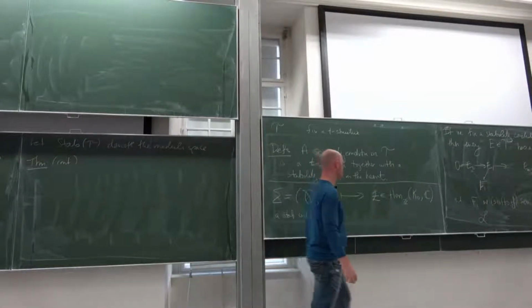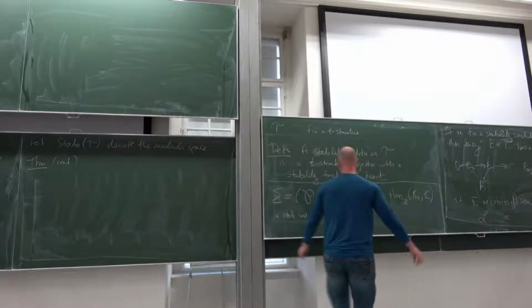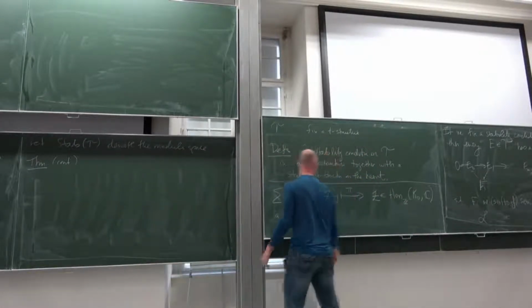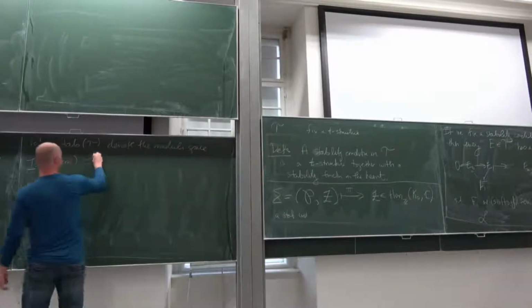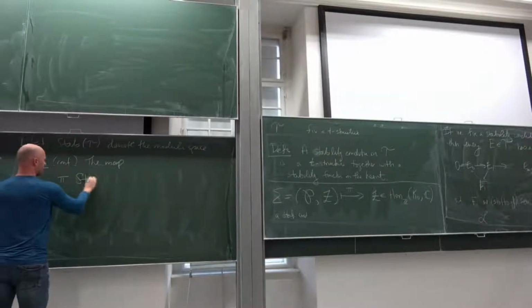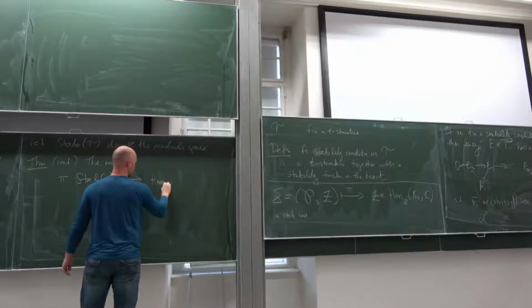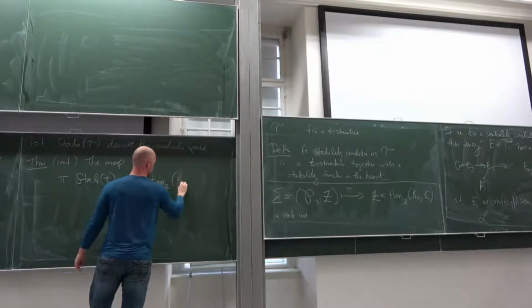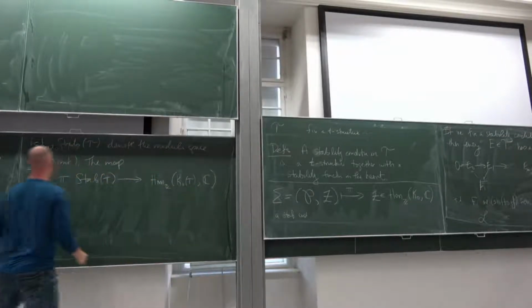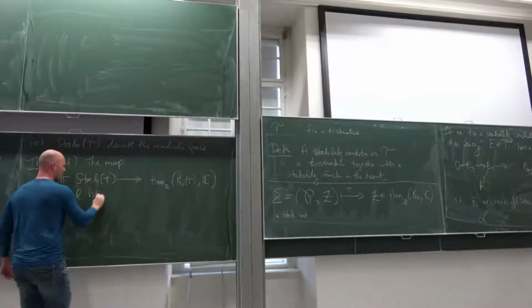This is a complex vector space, and the central charge lives somewhere in this complex vector space. The map pi from stability conditions to central charges is a local homeomorphism onto its image.